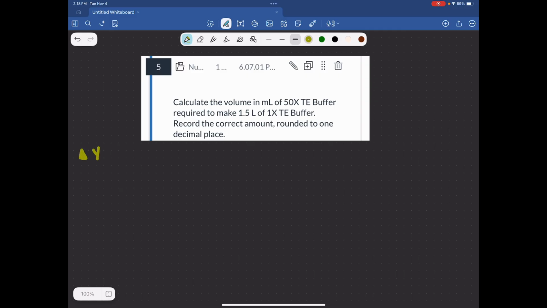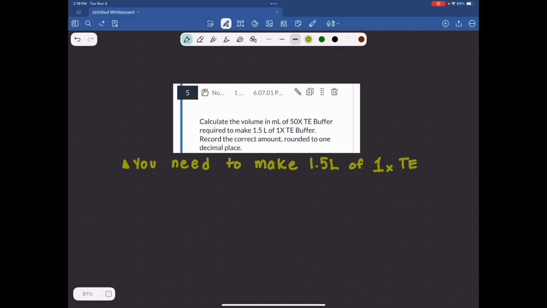So you need to make 1.5 liters of 1x TE buffer.